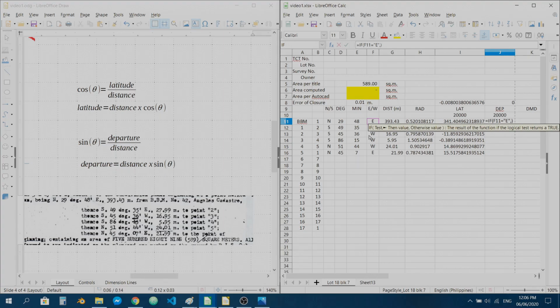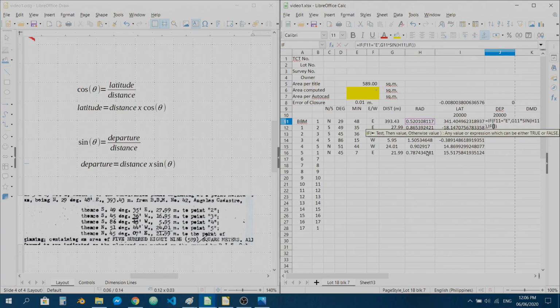This one, distance, okay, times sine function. Sine of, okay, the same regions. Test value.